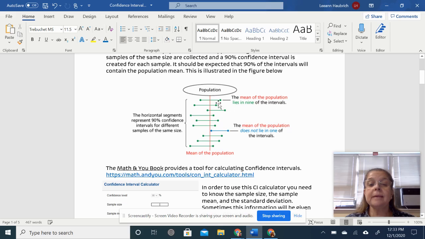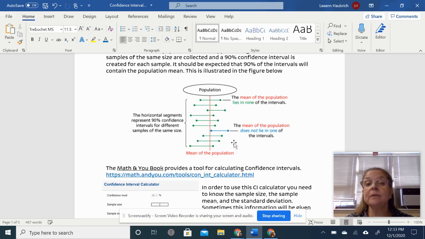These here, this is the mean of this sample, so all of these go back and forth. Some of these have a slightly higher mean, some have a lower mean, some may be a little bit wider than others depending upon the standard deviation, how wide the variance of each sample is.